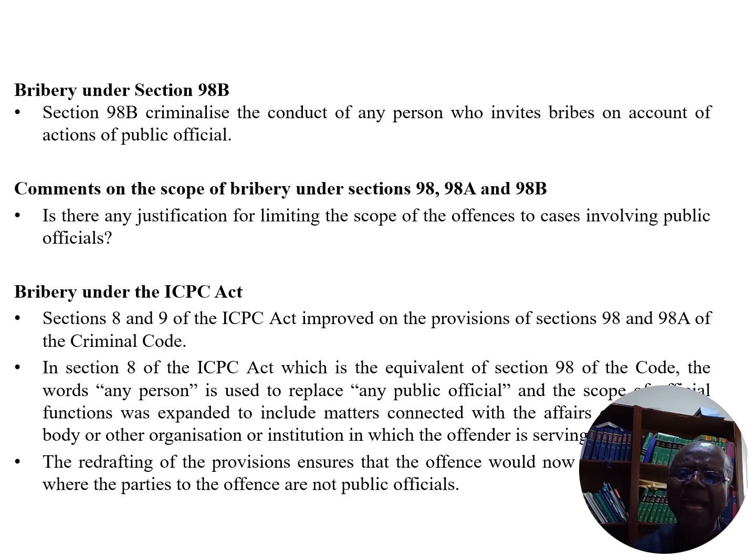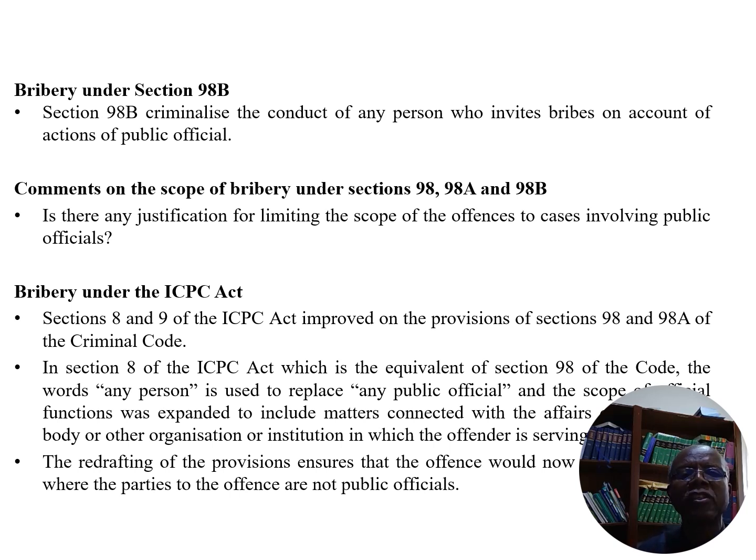But by receiving bribe from company A and awarding the contract to company A, that is bribery. And it is the same thing that is wrong with bribery involving public officials that is also applicable in bribery involving non-public officials. And that is why the provisions of the code have been criticized for narrowing bribery only to public officers.